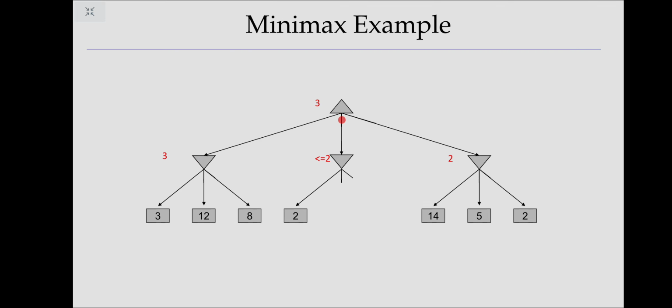The father checks the other successors. The middle successor is again a min player. The min player calls the terminal node. The terminal node returns 2, but 2 is less than the accessible utility. The accessible utility is 3, but the min operator receives 2.